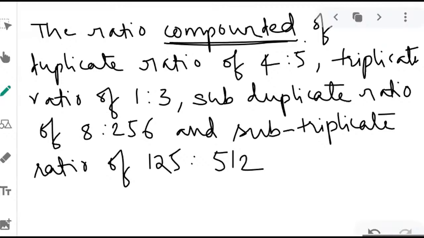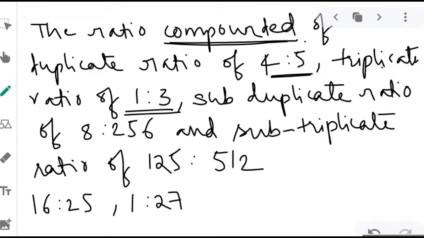What is the duplicate ratio of 4 is to 5? 16 is to 25. What is the triplicate ratio of 1 is to 3? 1 is to 27. Subduplicate ratio of 81 is to 256.